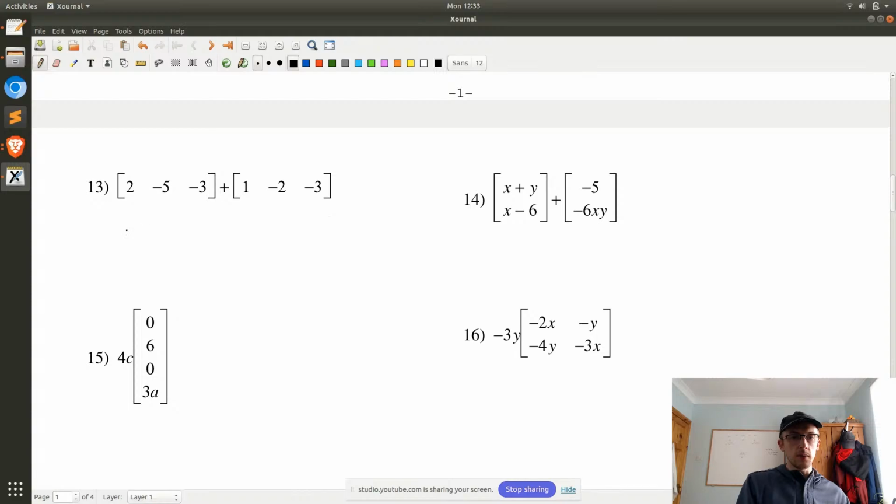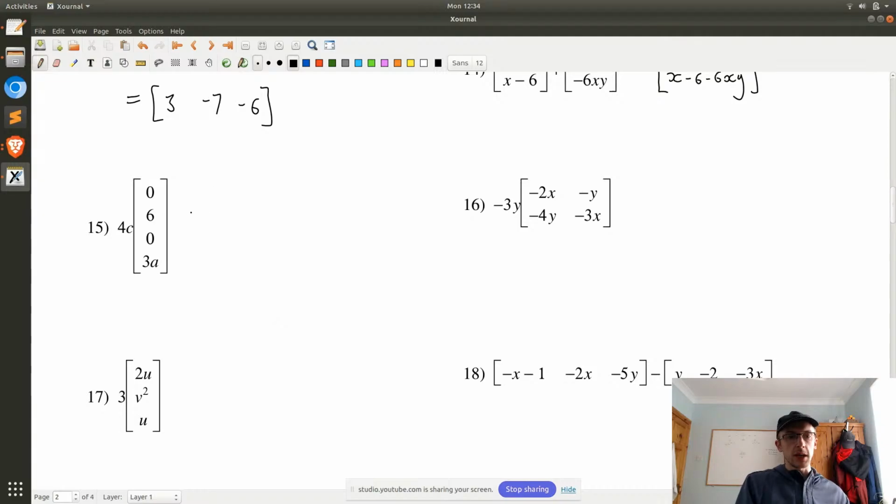A pair of row matrices, adding component-wise, we're going to have 3, -7, and -6. And for these column matrices, x add y, take 5 on top, x take 6, take 6xy on the bottom.